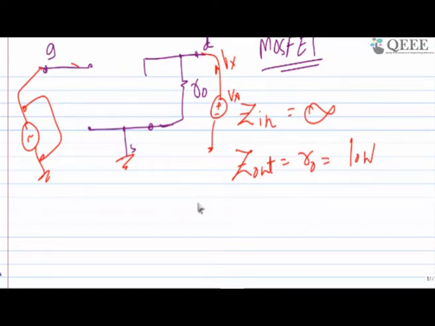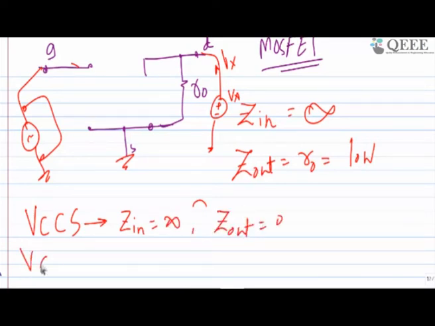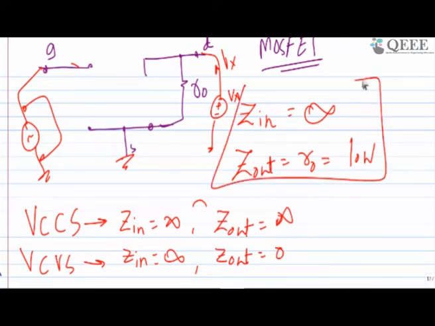So a voltage controlled current source is the one whose input impedance is infinity, output impedance is 0. Similarly, a voltage controlled voltage source has input impedance infinity, output impedance 0. Right? So these two things follow this.